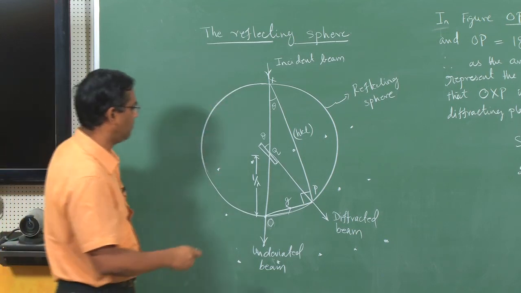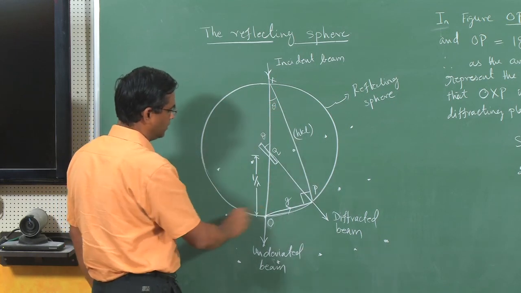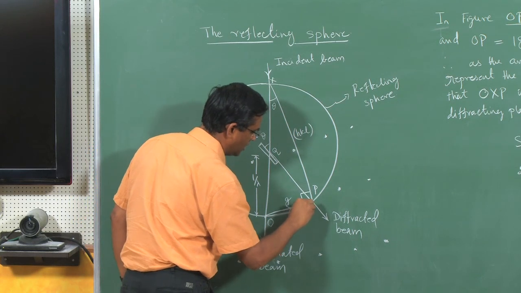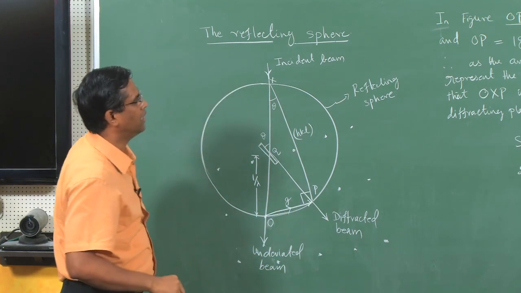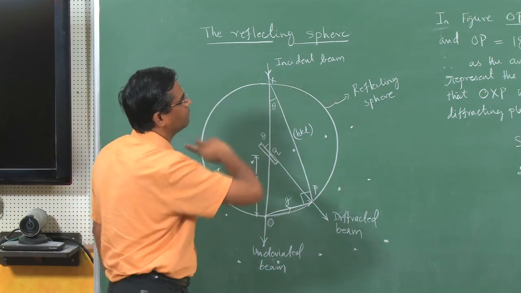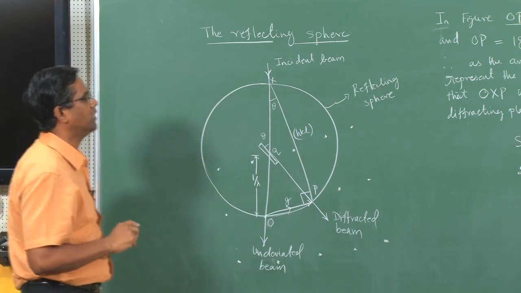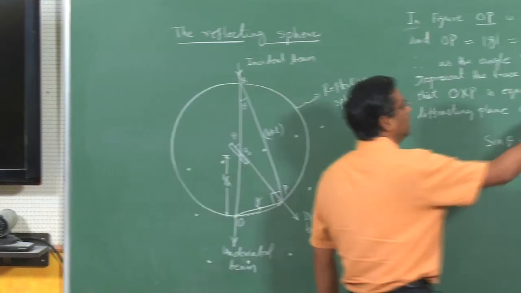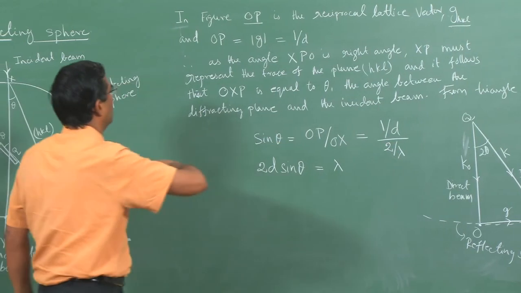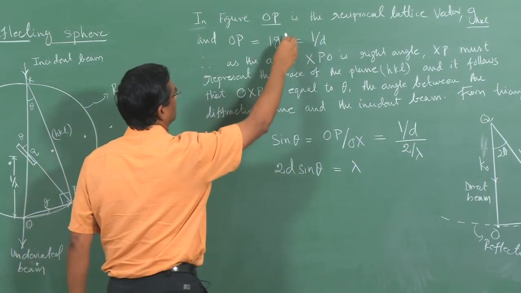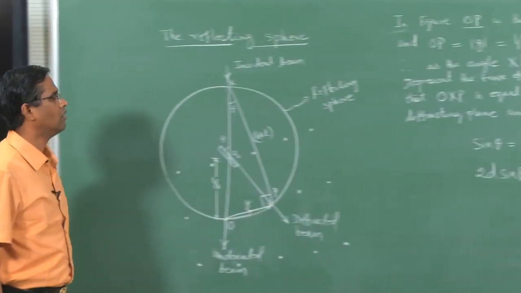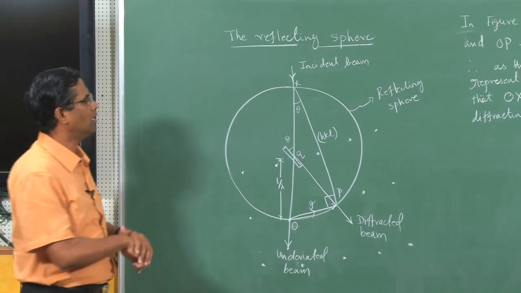So what you have to look at here is what I have drawn: G is the reciprocal lattice vector. That is OP, what I have written, the reciprocal lattice vector G. The magnitude of G is 1 by d, where d is the interplanar distance.